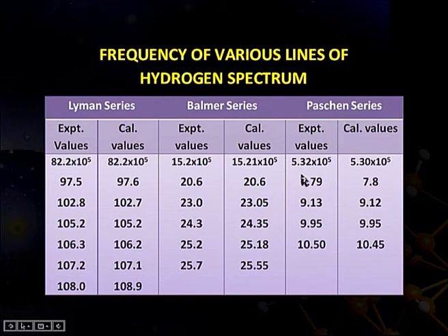Experimental value for the Paschen series is 5.32 into 10 raised to the power 5 and the calculated value is 5.30 into 10 raised to the power 5. Likewise, we can see that the experimental and calculated values are all in agreement.